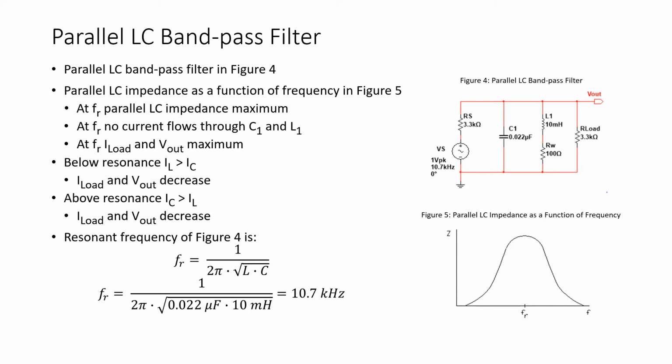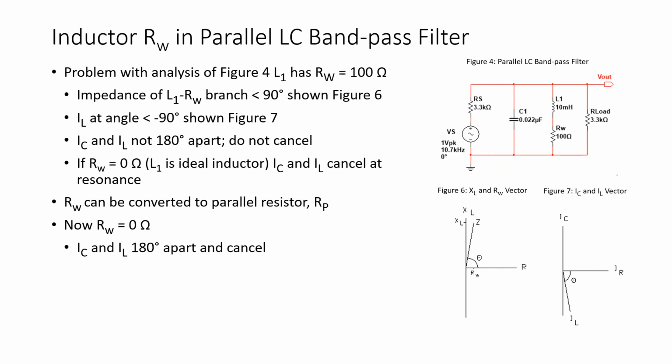The resonant frequency of the circuit of figure 4 is, as shown, 10.7 kilohertz. Now, the problem with the analysis of the circuit of figure 4 is that in the inductive branch we really have an RL circuit. We have the 100 ohms of wire resistance in series with the 10 millihenry inductor.